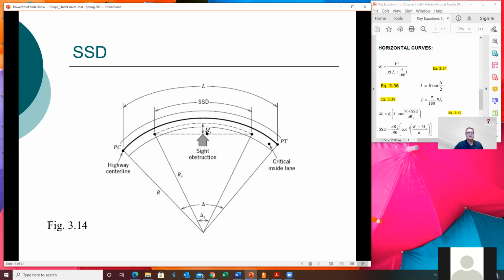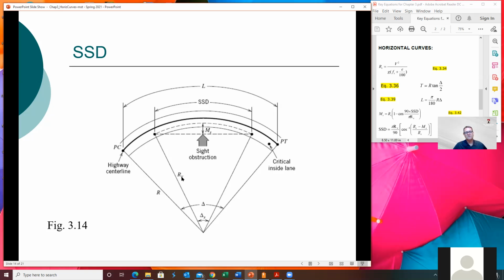And so you measure this m sub s, the distance from the middle of the inside lane where the driver is. Obviously that's the most critical part, because somebody going in the opposite direction on the other side of the roadway has more distance and can see more than somebody on the inside lane. And so this sets up a stopping sight distance here.